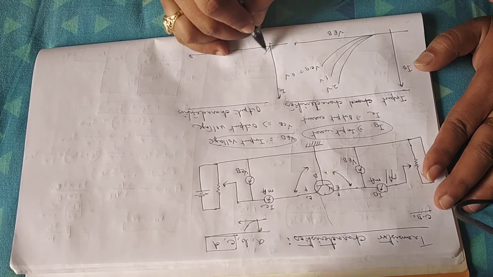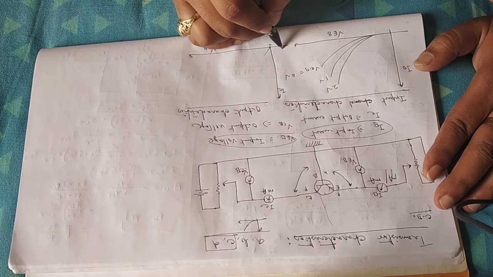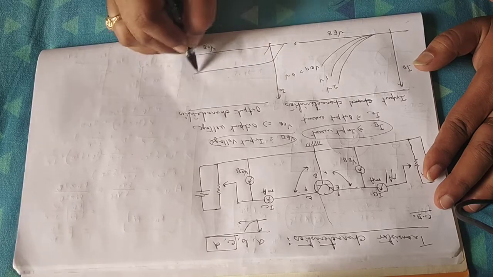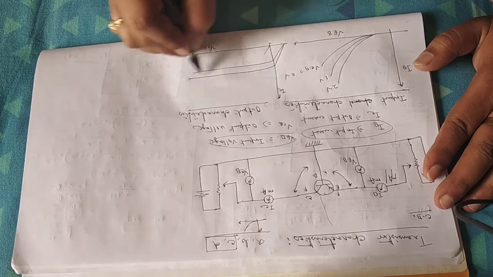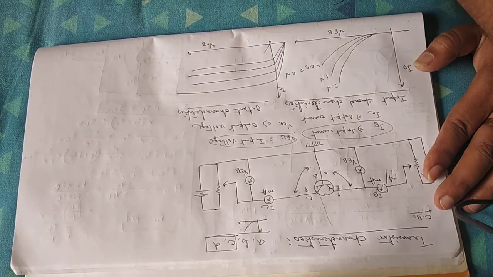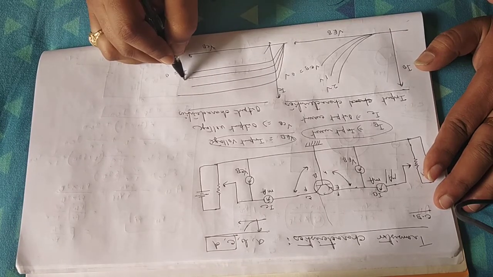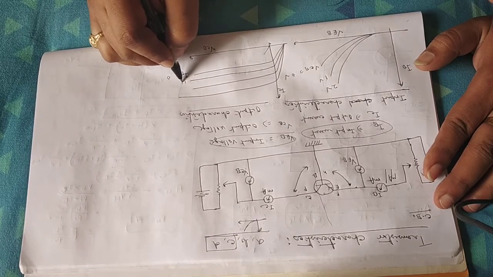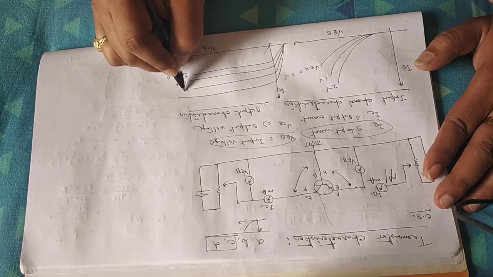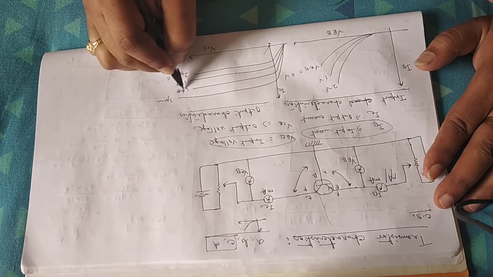The curve will be like this. It will start increasing from the negative region, it will go like that and get saturated. The lower one is for IB equals to 0. This is, suppose, IB equals to 1 microampere, this is 2 microampere, this is 3 microampere, like this.